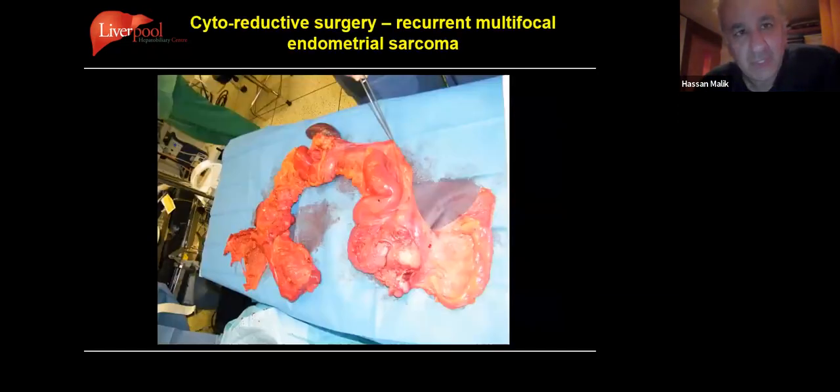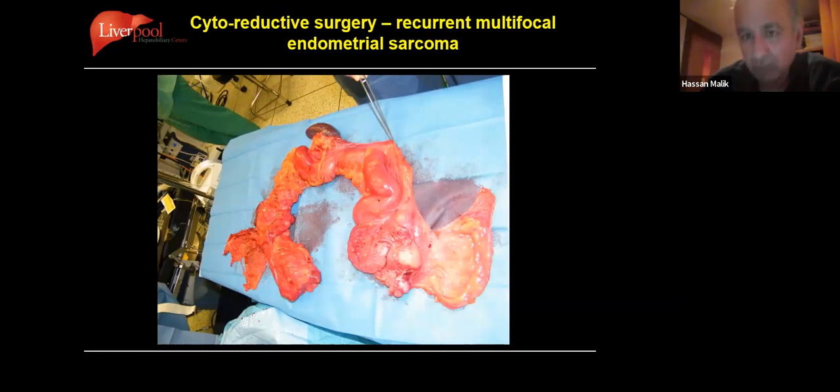And this is an example of a patient who was referred again as a tertiary opinion from a centre down south, who had an endometrial sarcoma, and she had involvement of the incisional hernia with tumour nodules, etc. And we did a laparotomy, did cytoreductive surgery, essentially a kind of Sugarbaker type operation, and pelvic peritonectomy.